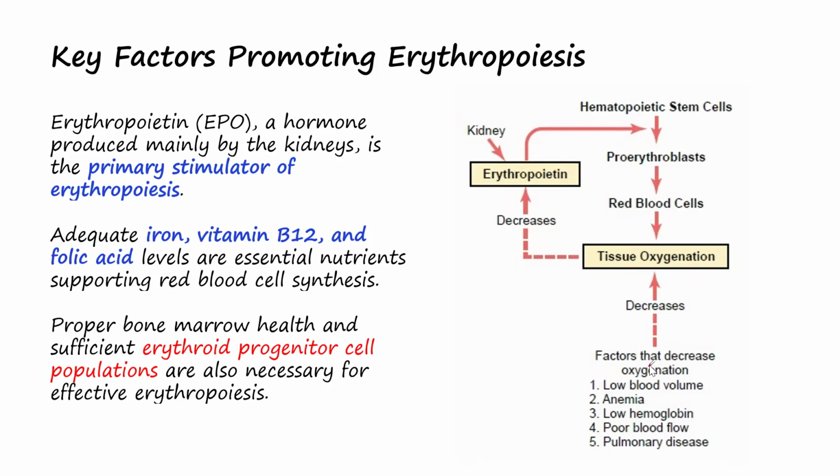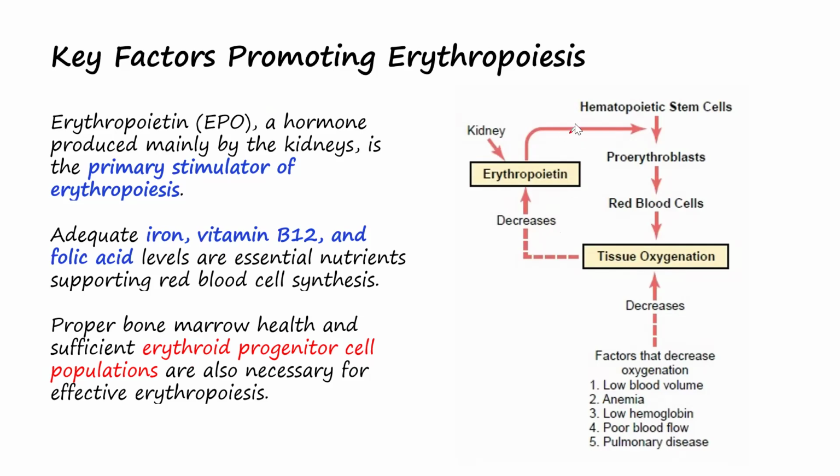What are the factors that decrease oxygenation, that is the addition of oxygen to the red blood cells and its transport to different tissues? Those factors include low blood volume, anemia, low hemoglobin content in the red blood cells, poor blood flow, and pulmonary diseases.